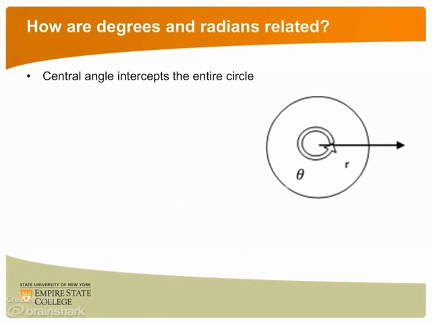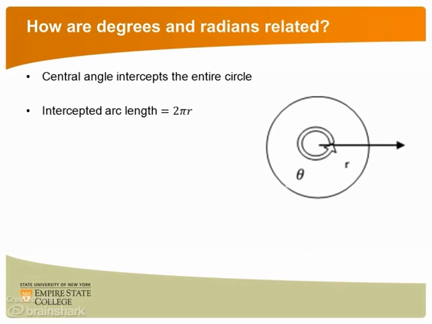Of course, most people are much more accustomed to using degrees to measure angles. How exactly are degrees and radians related? Consider a circle with only one radius drawn. In other words, that radius creates an intercepted arc that is the entire circumference of the circle.